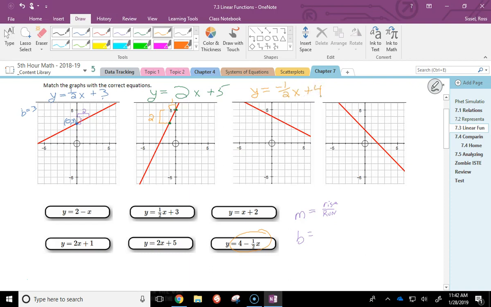And let's check. Our y-intercept is at 4. And if it's negative 1, 2, it means we're going to go down 1 and over 2. So down 1 over 2. And that would be our point. Good job.